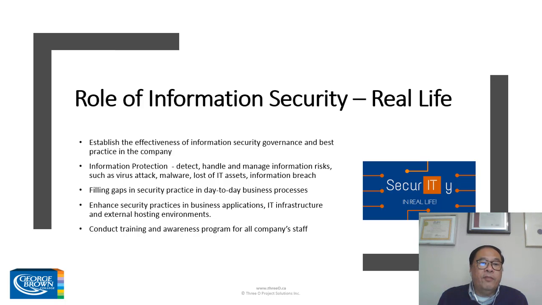How do we protect? That involves detecting, handling, and managing information risk. This will include preventing virus attacks, preventing malware, preventing any loss of IT assets, and any information breach, or how to handle them. Also, closing gaps.